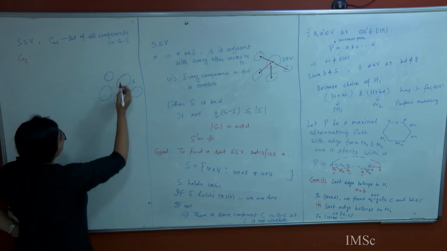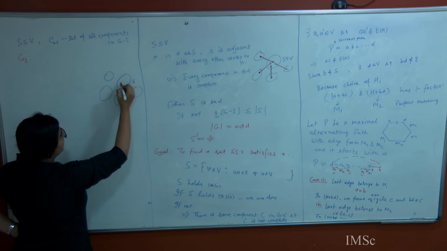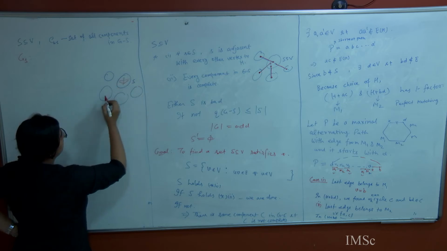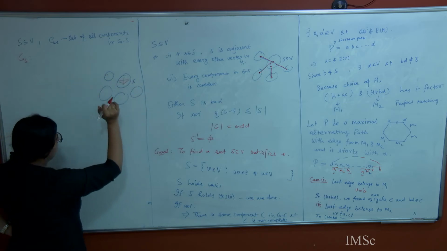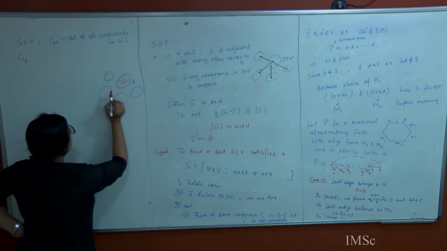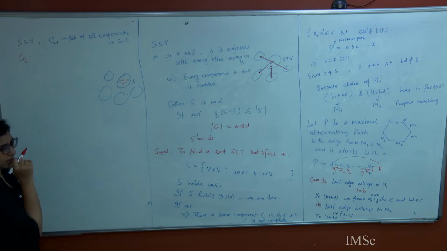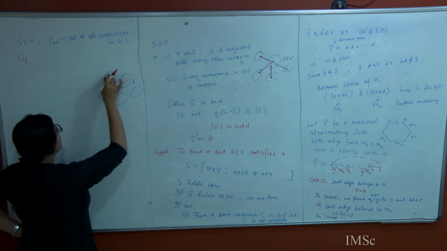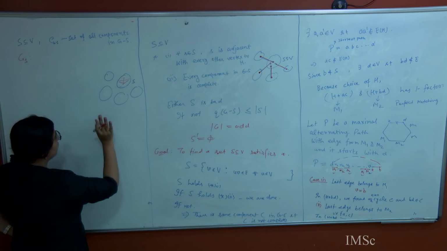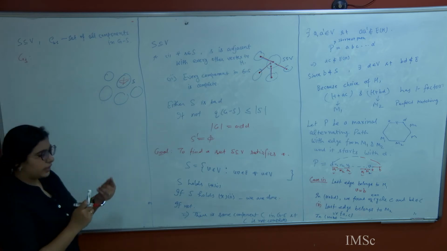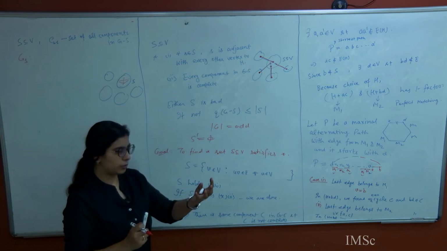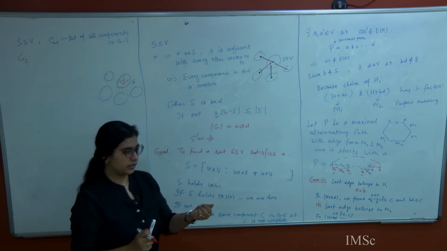In GS, this set S is there, we have some edges like this. These are components in CG minus S. Let's remove all the edges from S, and actually we are contracting each component into a single vertex.